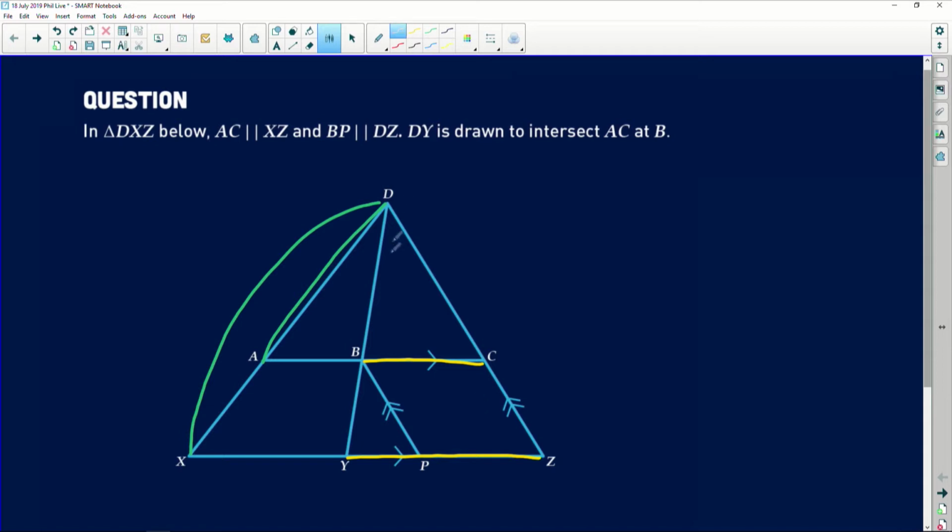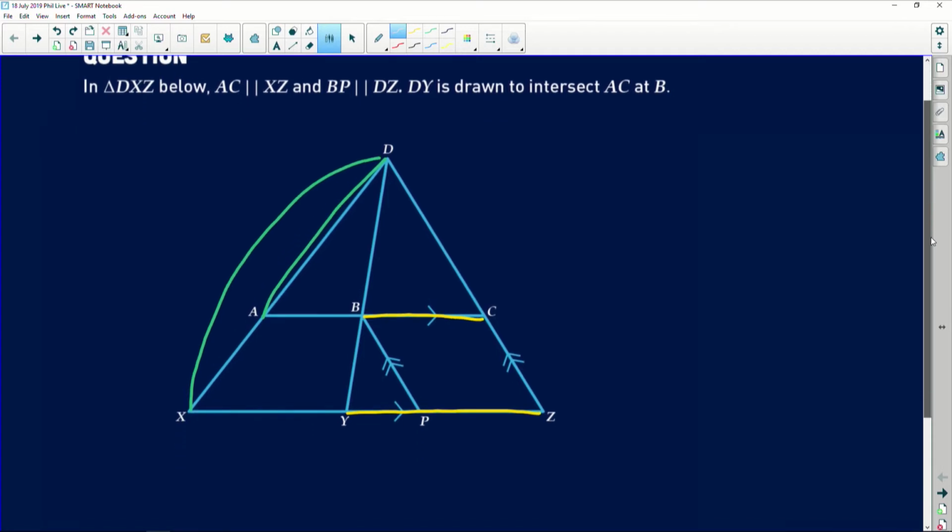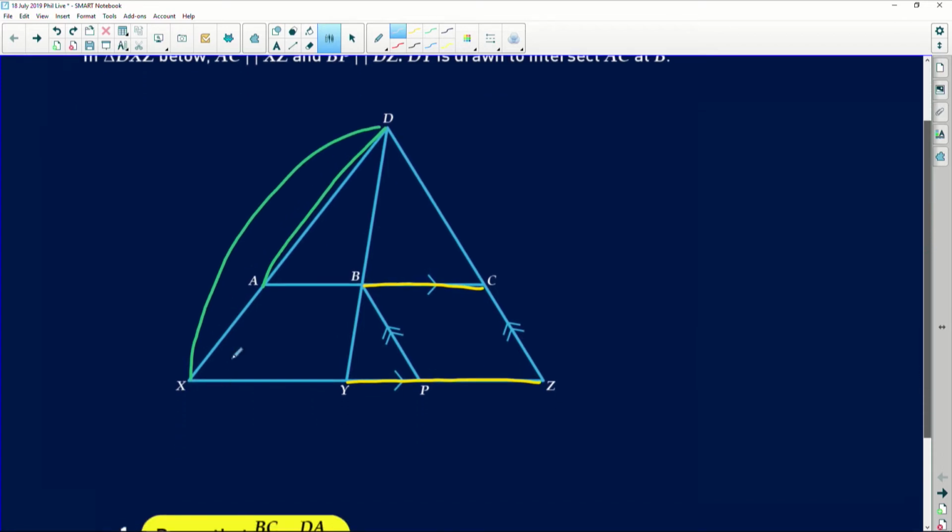We've got this triangle here, DYZ, that involves that set of parallel lines, and we have DYX, which involves this set of parallel lines, but it involves the lines we're trying to prove the proportionality of. So, obviously, we're working in two different triangles. We need to find a way to link them, okay?